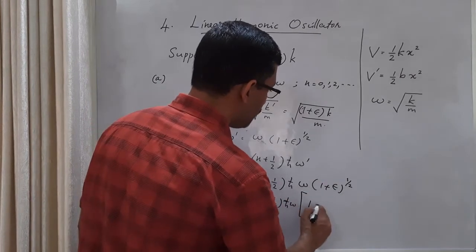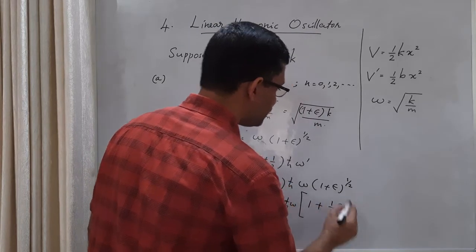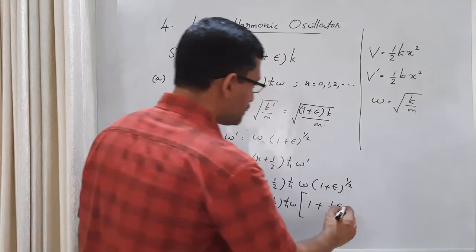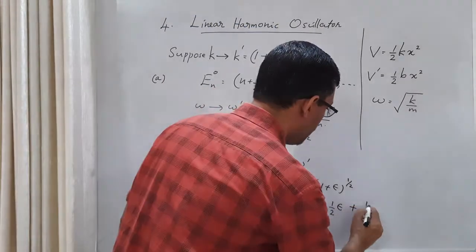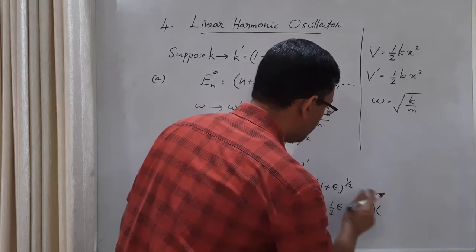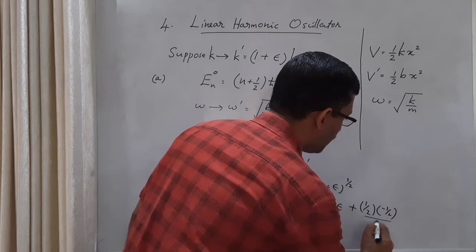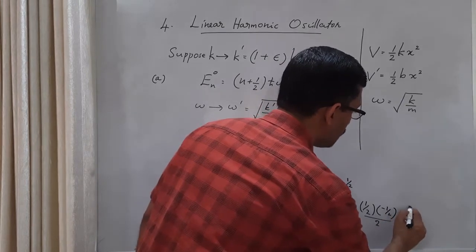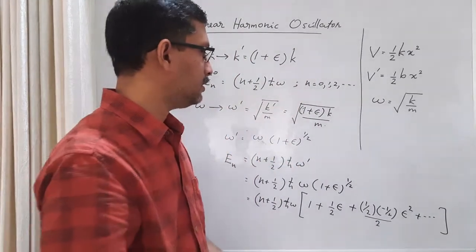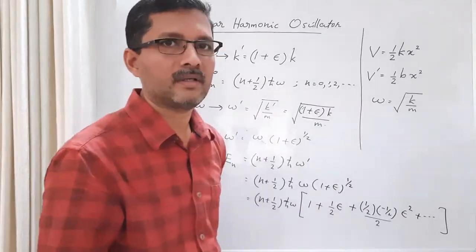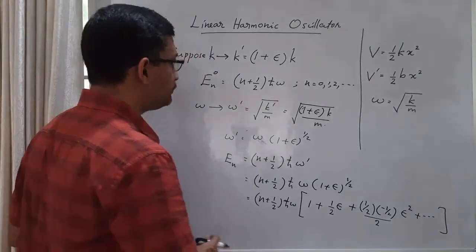How do we expand this? 1 plus n x, where n is half and instead of x we have epsilon, plus the next term, n into (n minus 1) by 1 into 2. So we have half into (half minus 1), which is minus half, divided by 1 into 2, times epsilon squared, plus etc. Let us find this expansion only up to second order in epsilon.